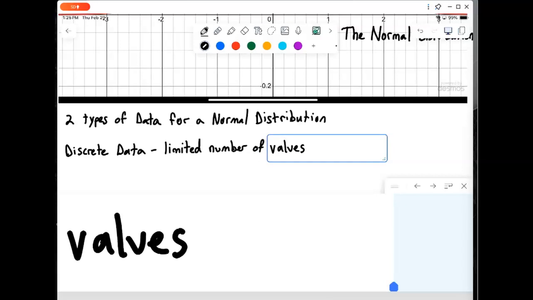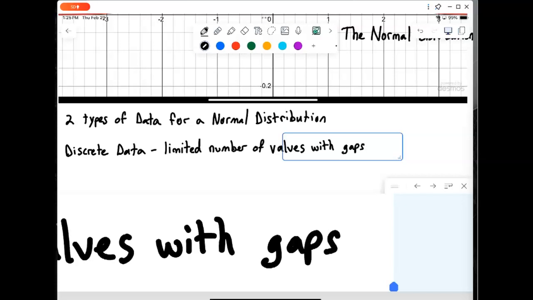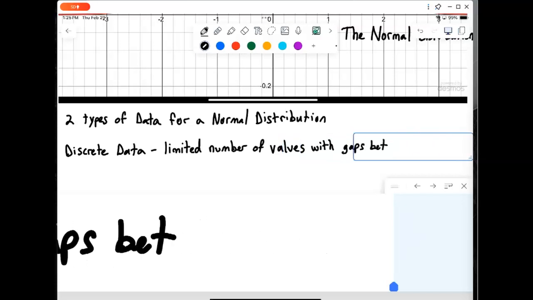We chopped off the months and weeks, so just your overall number of years, and that's it. So limited number of values with gaps between the values. Right? That's discrete data.